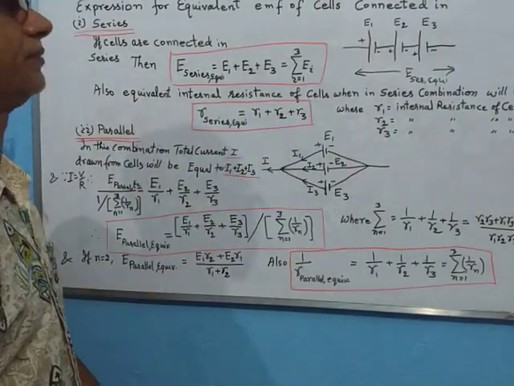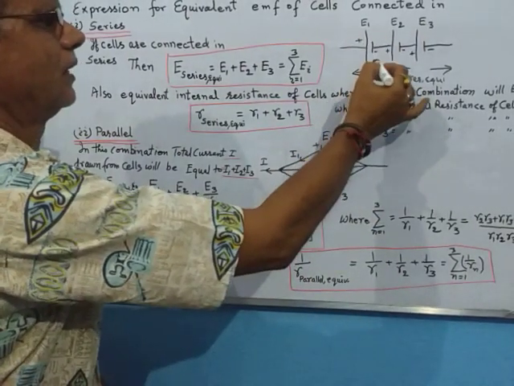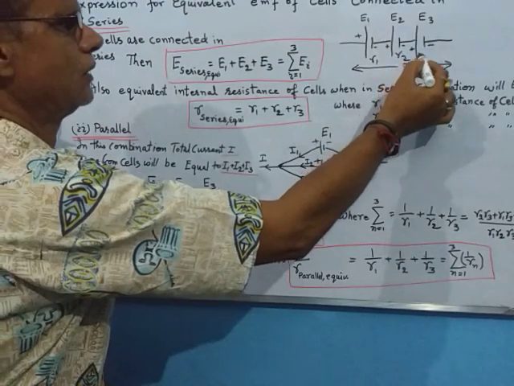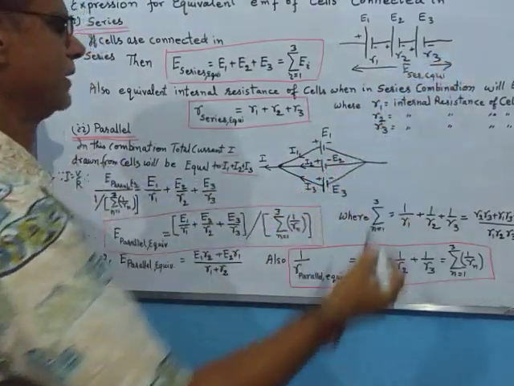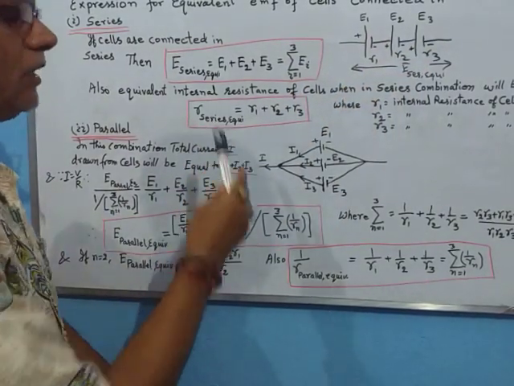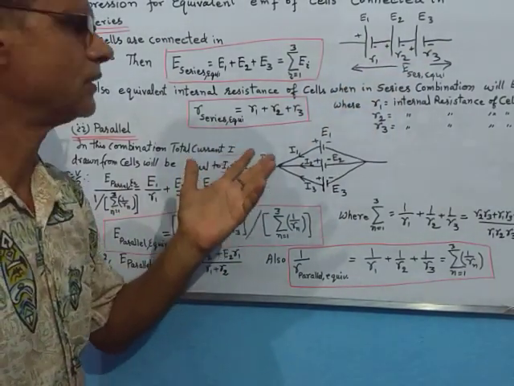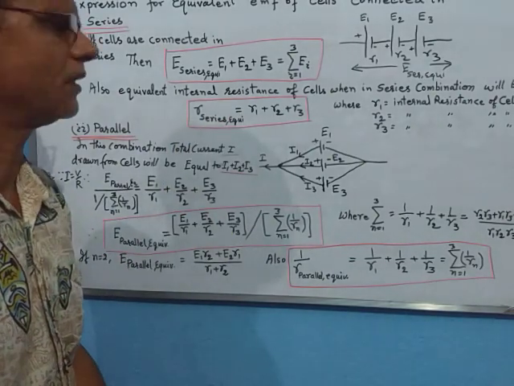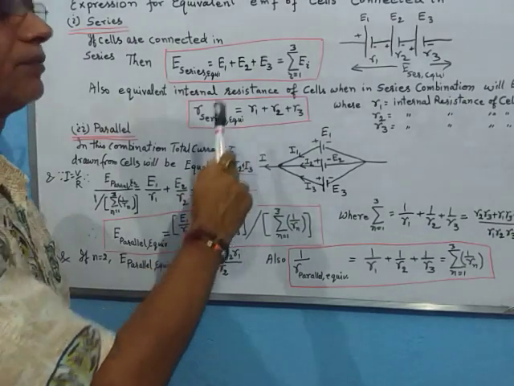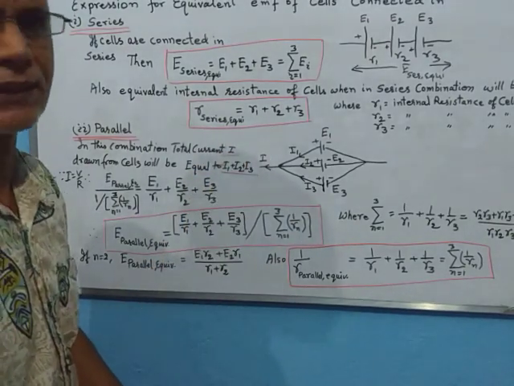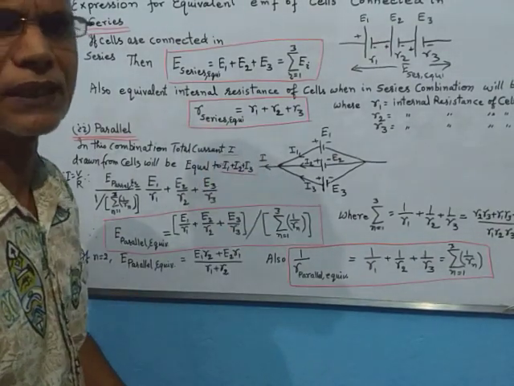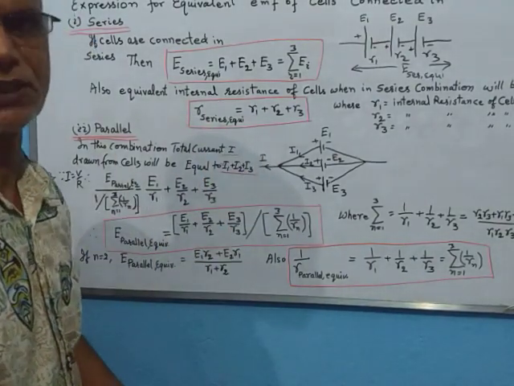And it is obvious that if these cells have internal resistances R1, R2 and R3 respectively, then since they are in series, the equivalent resistance of this combination will be nothing but the sum of individual internal resistances, that is R series equivalent is equal to R1 plus R2 plus R3, where R is the internal resistance of the cells.